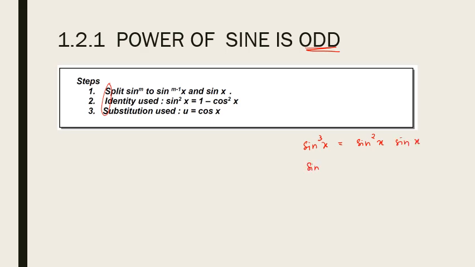If sine power of 5 x, we split into sine square x sine square x sine x, or sine power of 4 sine x. We just change two, sine power of 4 sine x. So we split like this, right?